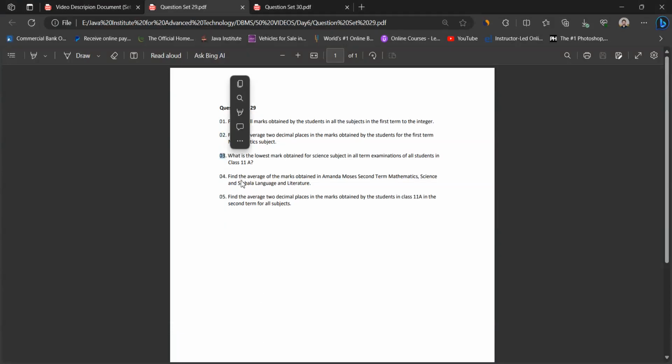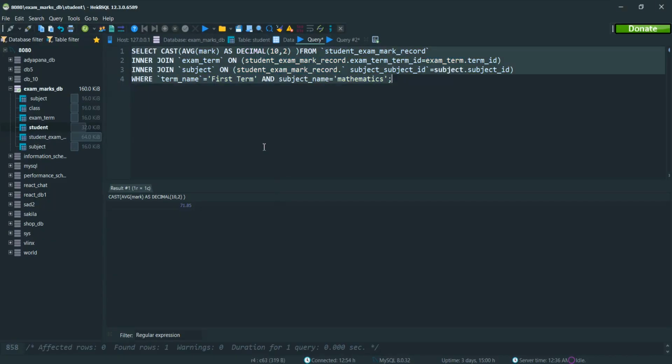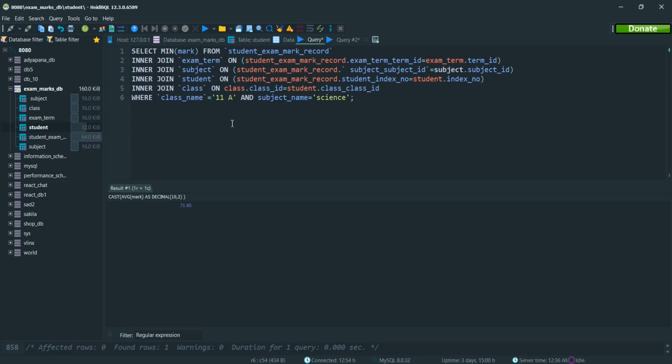The third question: what is the lowest mark obtained for the science subject in all the term examinations of all the students in class 11A? So here I have used a min or minimum function to get the lowest mark, and I have used 4 inner joins along with the conditions.